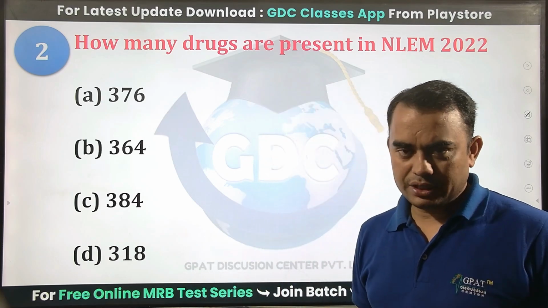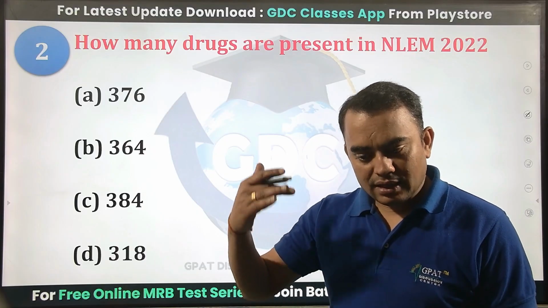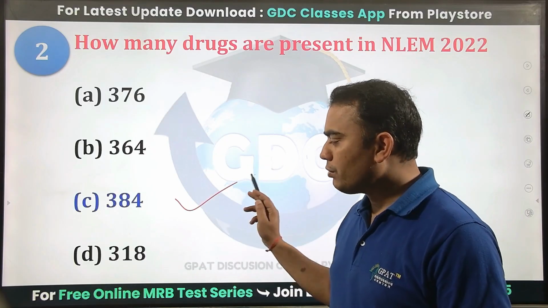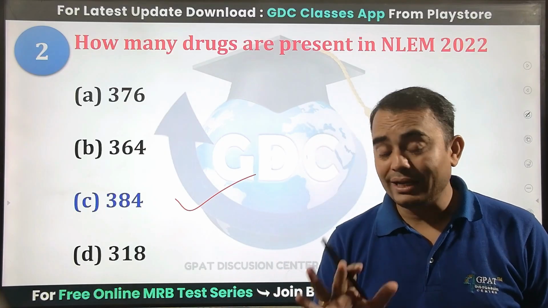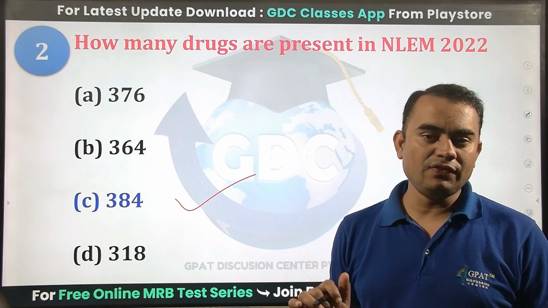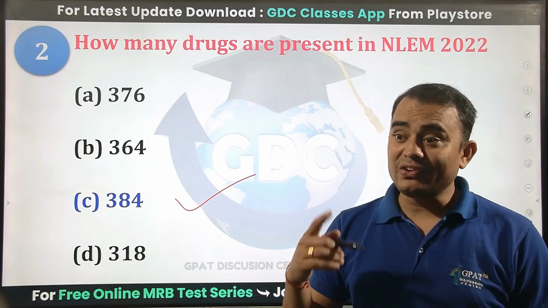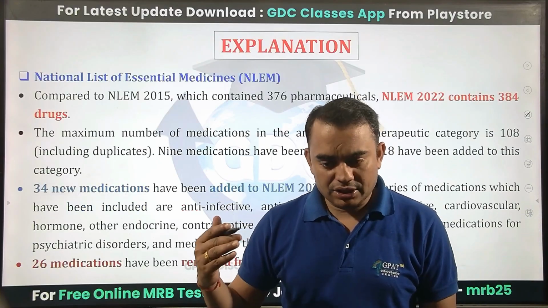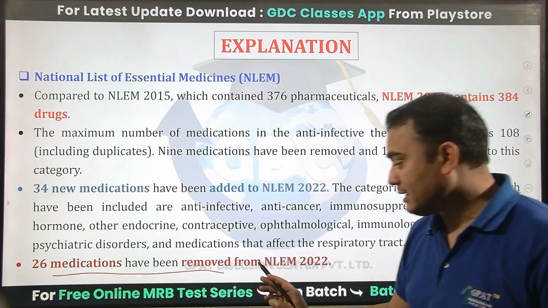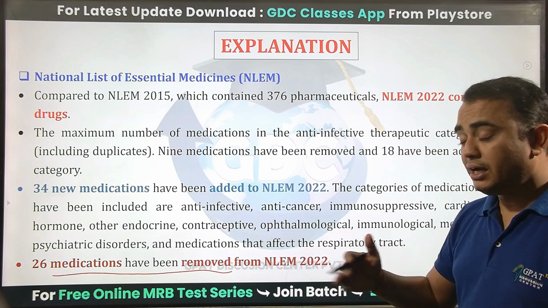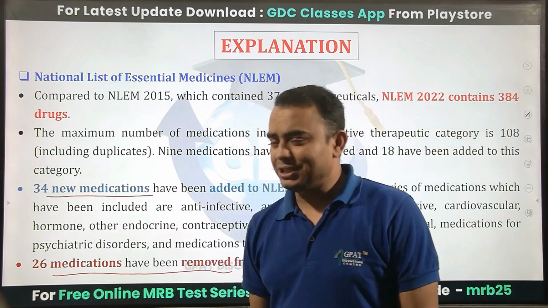So in 2022, by the newer recommendation, a total of 384 medicines have been put in the National List of Essential Medicine 2022 list. Previously it was 376, in which some drugs were removed, that is 26 medicines were removed in 2022, while 34 new medications were added.